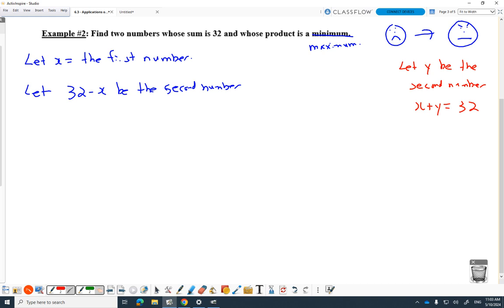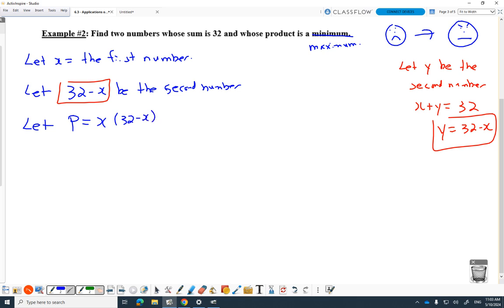But then if you solve for y, you'll find out that second number is 32 minus x. I don't say that's better or worse than what I did over there, but it's a different way of thinking about it. Either way, you get your third let statement. Let p equal x times 32 minus x be the product.